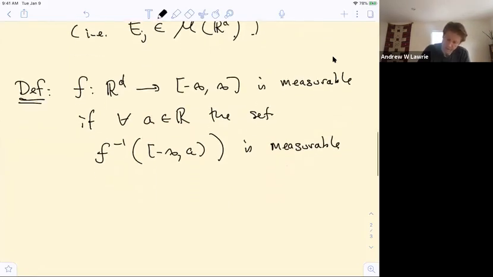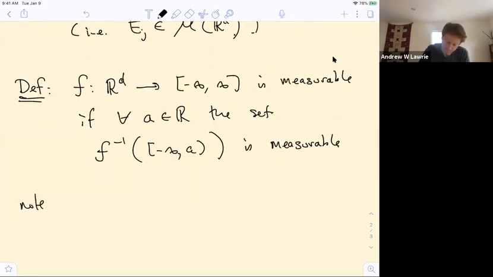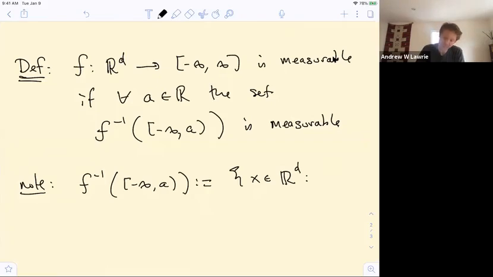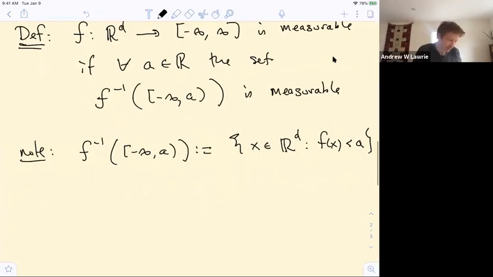So this is what this notation means. Just to remind you, the preimage of a set is defined to be all x in R^d, a subset of the domain, such that f of x is less than a. So this is what the preimage of this interval is. We'll often use some shorthand notation for this.